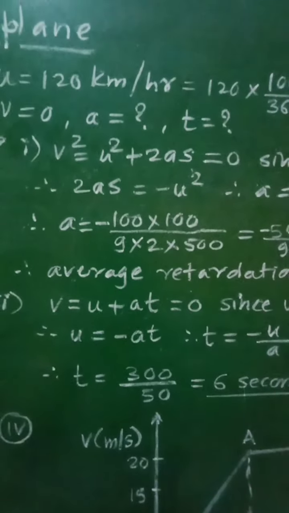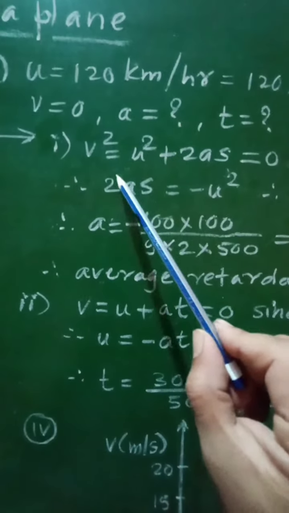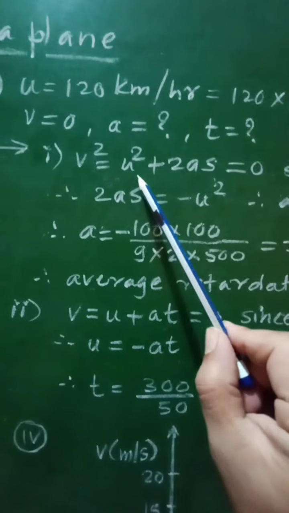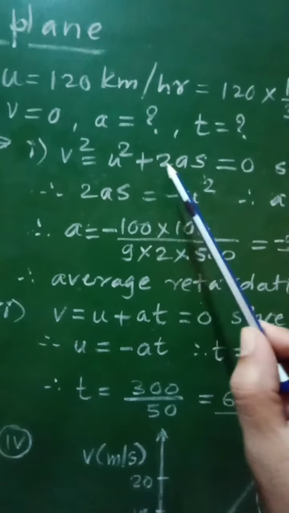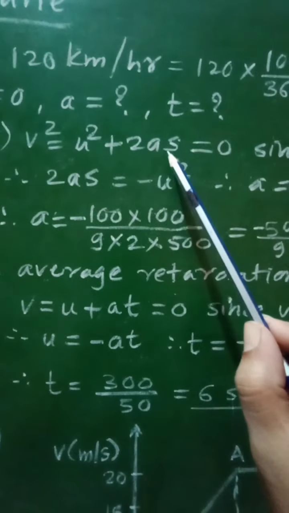Let us see first one by considering the third kinematical equation, that is the third equation of motion, v square equal to u square plus 2as.